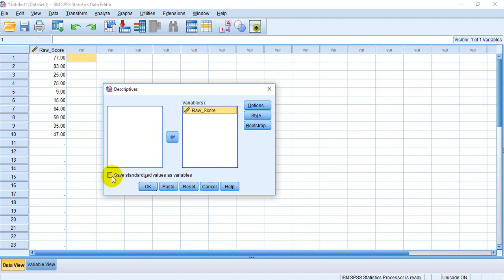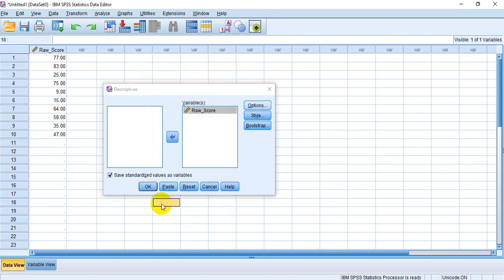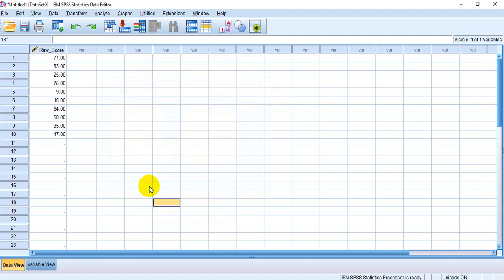You see, also tick this one, and then Options, minimum and maximum are not needed. We now understand the mean of the raw score and the standard deviation. So this is basic to learn to calculate the Z score. Okay, we continue, and then we can put this score.